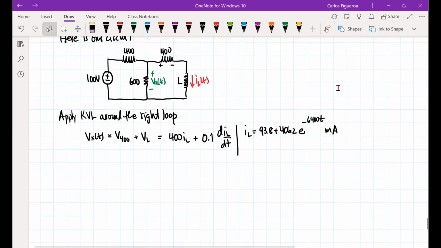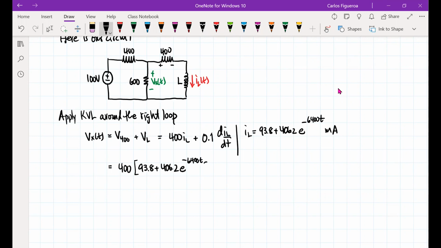So let's go do that. The first term, you can see that 400 tells me I'm going to have 400 times the inductive current. So I'm going to get 93.8 plus 406.2 e to the minus 6400 t. Remember, these are in milliamps, so I have to write minus 3. Plus, I now have to take the derivative.